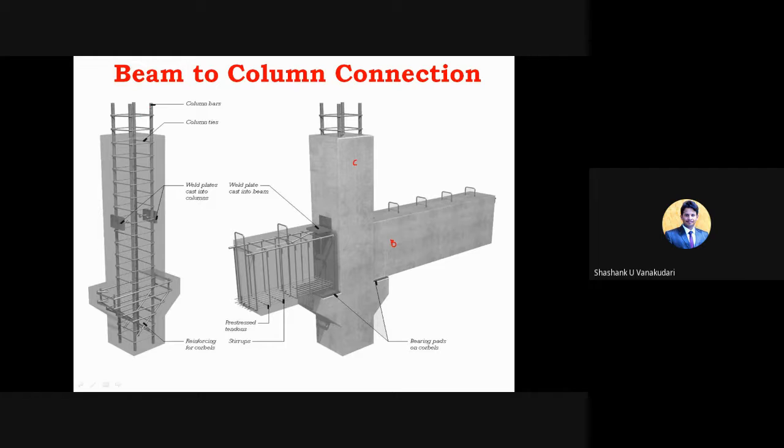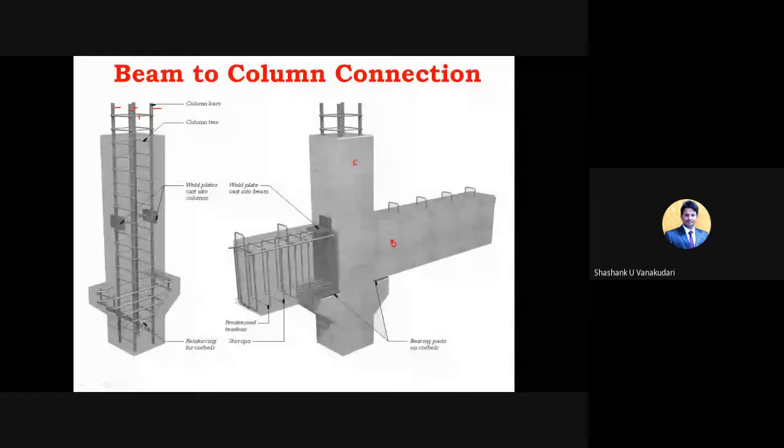So here you can see the column bars. They decide the diameter of these column bars as per the design concepts, and then they provide these stirrups, or column ties, what we can call. And here you can see the welded plates cast into columns.